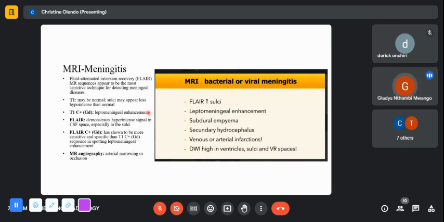So why is FLAIR so sensitive for picking up meningitis and more sensitive than even T1 with contrast? You have it there in your second last bullet. So why is FLAIR very sensitive? Because you can spot the leptomeningeal enhancement with the inversion recovery sequences.